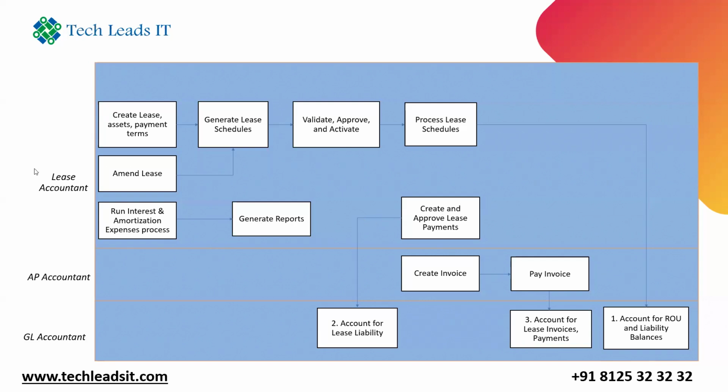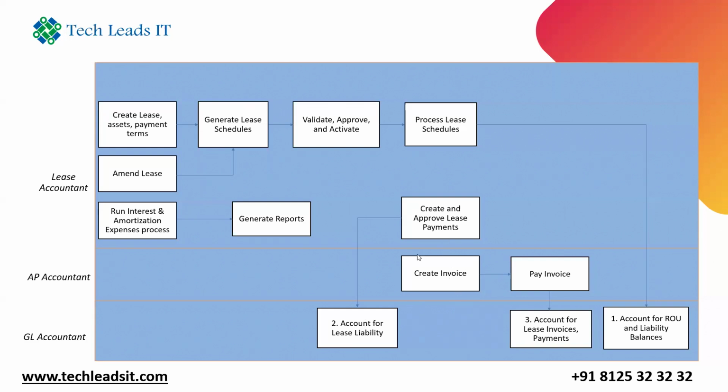So this lease accountant, at the end of the month, is going to create the approval of lease payments. Once he creates the lease accounting and lease related payments, the accounting for lease activity will be done. Actually there is a small gap here. So these lease payments will in turn go here and automatically create an invoice in the accounts payable module.